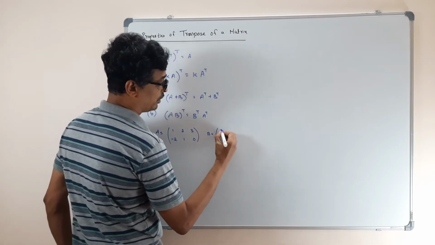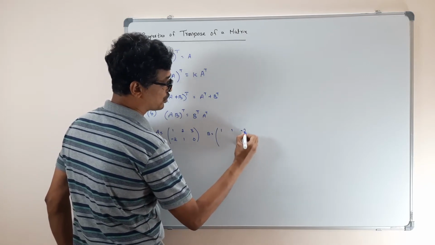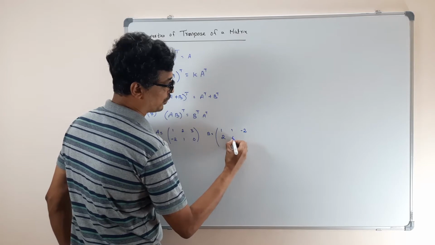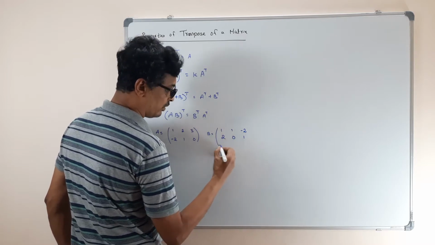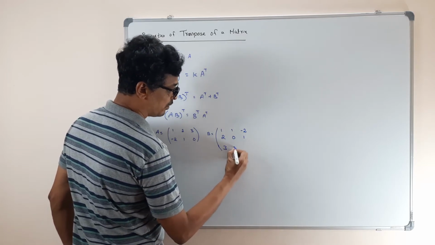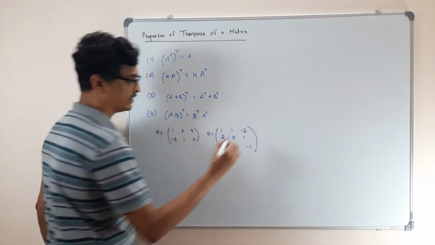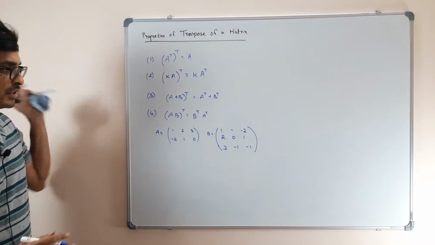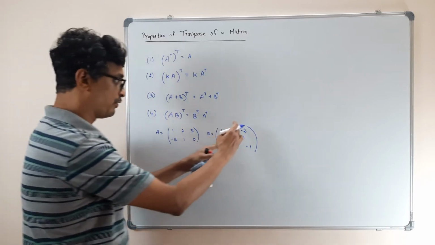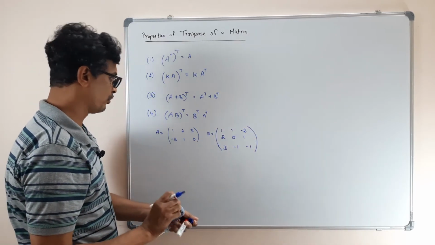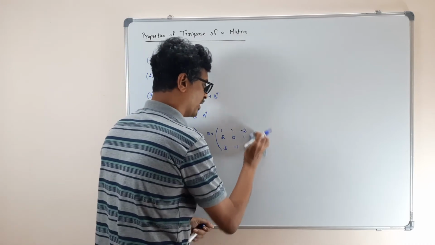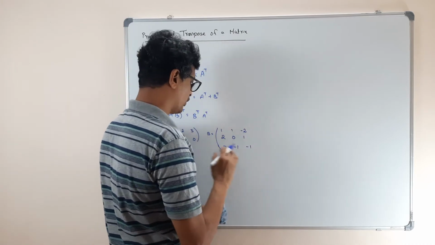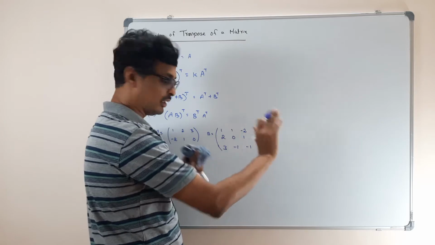Let me take B as a 3 cross 3 square matrix: 1, 1, minus 2, 2, 0, 1, 3, minus 1, minus 1. So let us take these two matrices and check this property. Actually we can take 4 columns also, so let us make it 4, so obviously we are taking a different matrix.